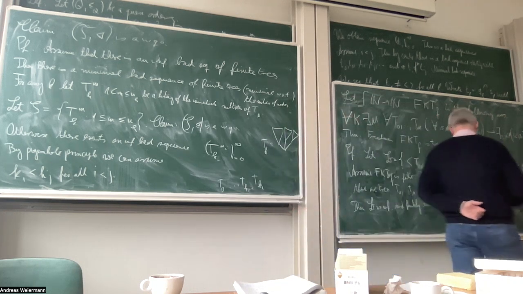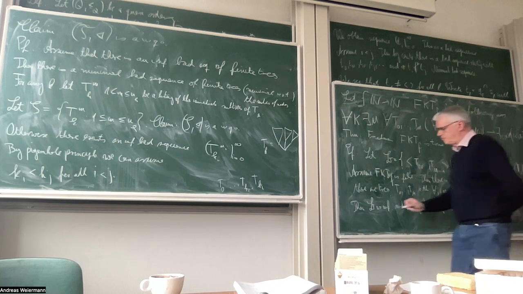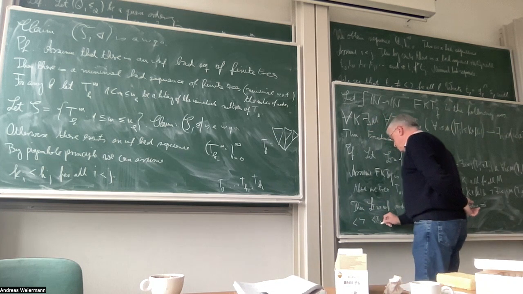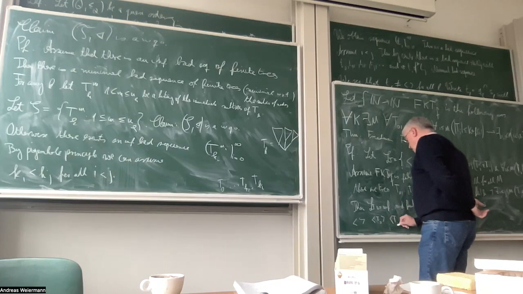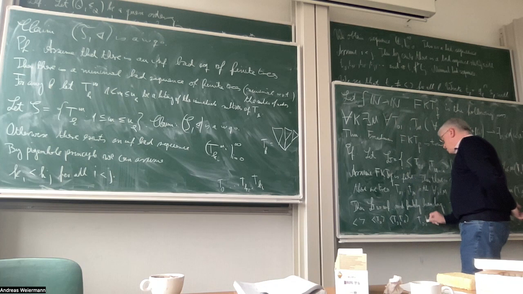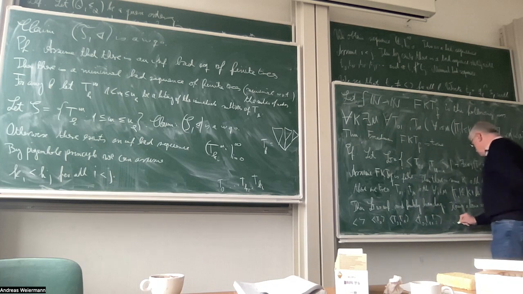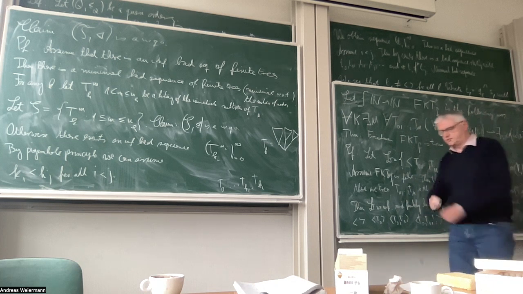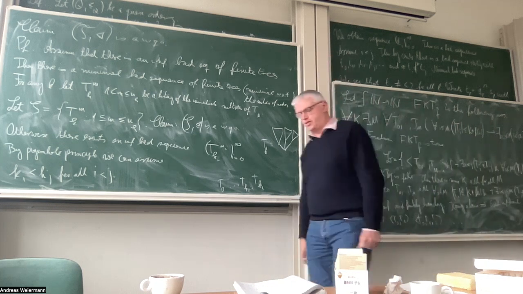So there exists a sequence: the empty sequence, and then T0, T0 T1, T0 T1 T2. Okay, so there's a way to go into the tree.